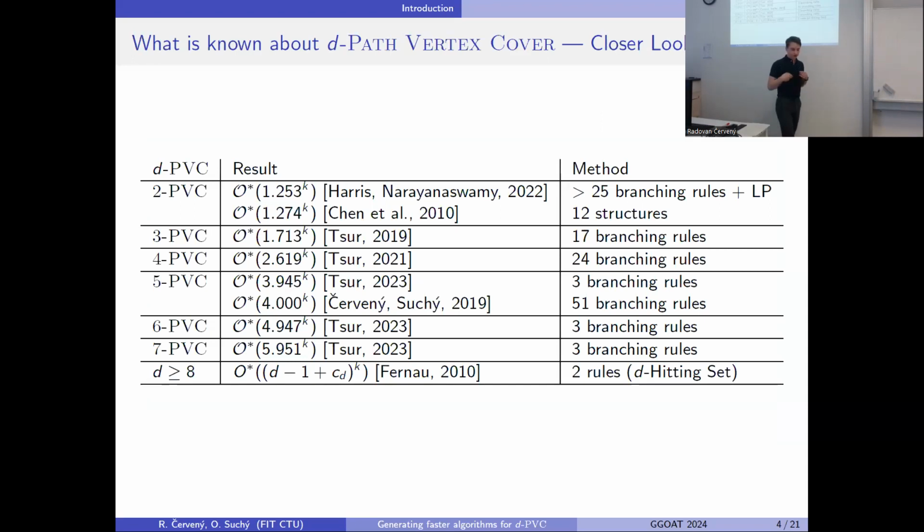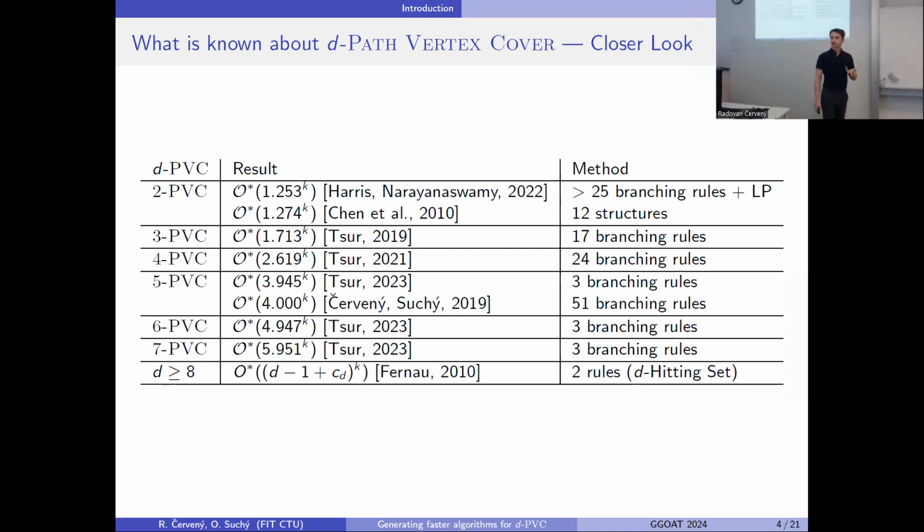Okay, so let's take a closer look at the results we've seen in the table. My aim with this is to show you that many of the fastest results currently always use some kind of branching algorithm, or some kind of structure where you have to do some case analysis and work something out.